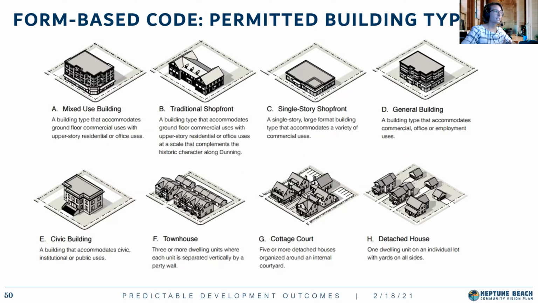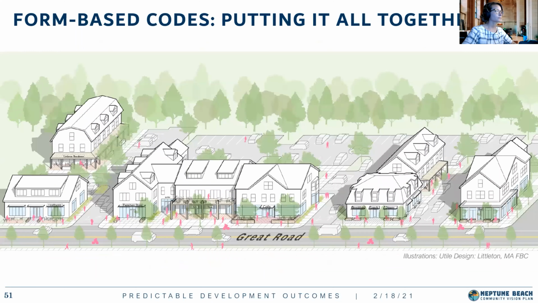Instead of just regulating the use, single family or duplexes, you can say specifically allow a type like a cottage court or a townhome or a mixed use building or a traditional shopfront. And there's a whole list of building types that you can define, illustrate, and then apply to any particular transect zone.